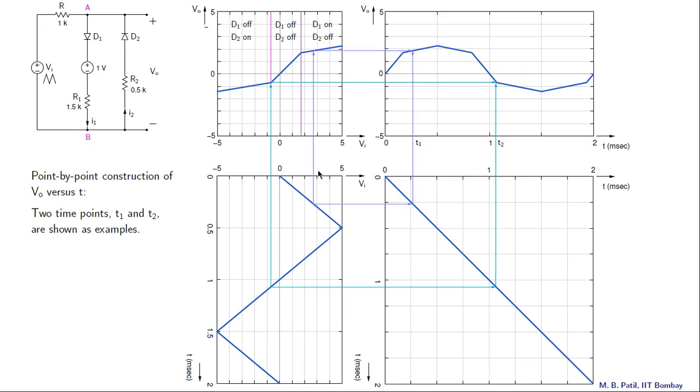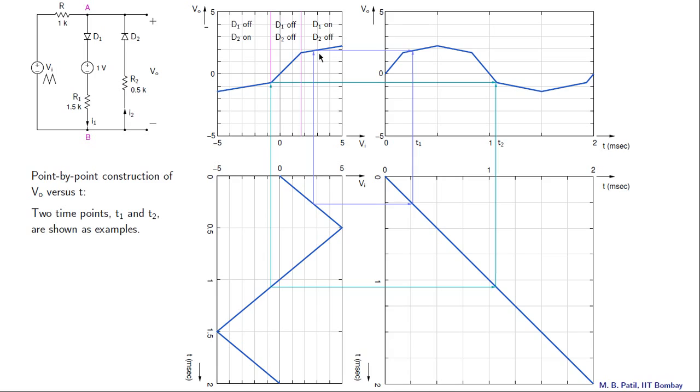So this vertical line represents Vi equal to Vi1, and the intersection of this Vi equal to Vi1 line with this Vo versus Vi relationship gives us the corresponding output voltage, and we will call that Vo1.